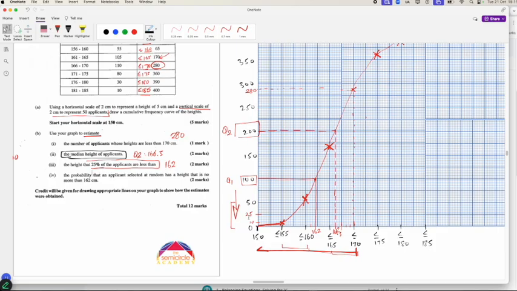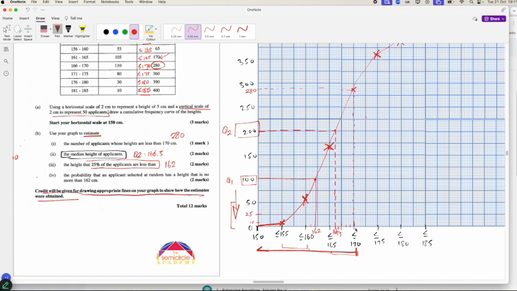So you're seeing here the kind of questions that they could ask you based on your cumulative frequency curve. They could ask you all kinds of things, especially this last one here. Now you see here, credit will be given for drawing the appropriate lines on your graph to show how the estimates were obtained.